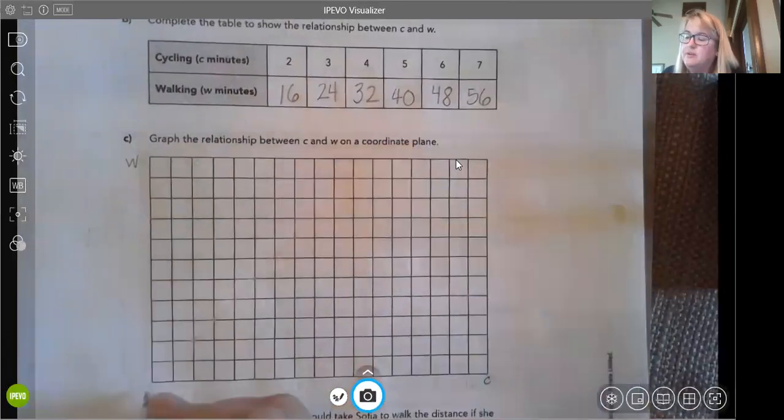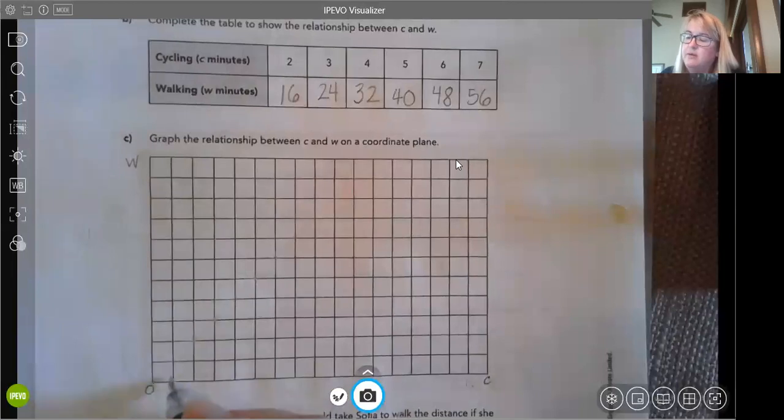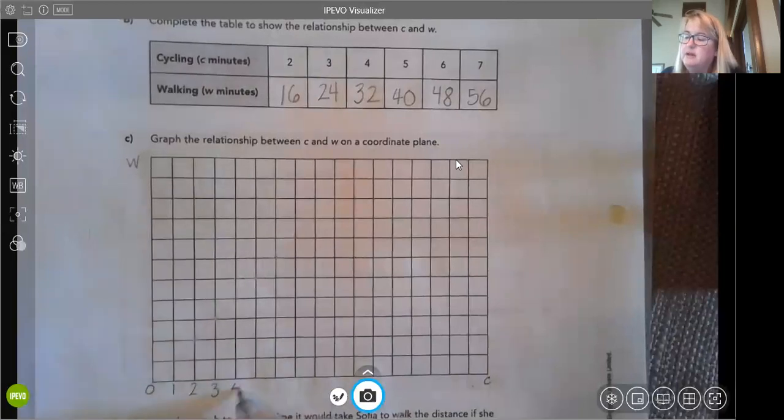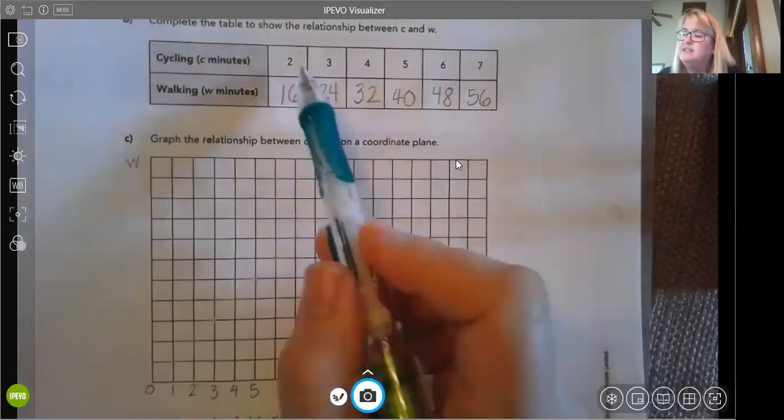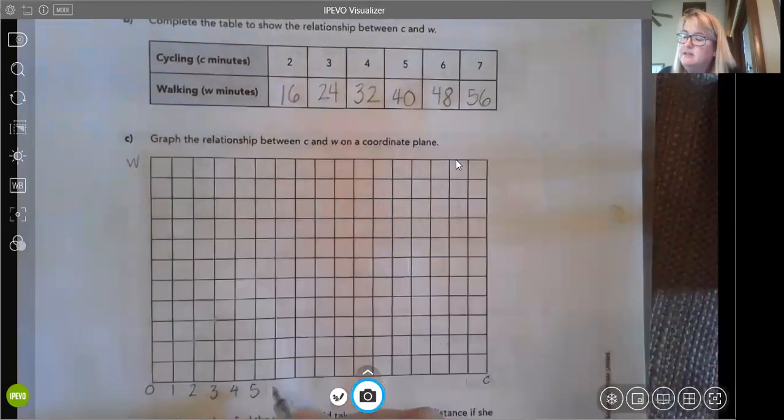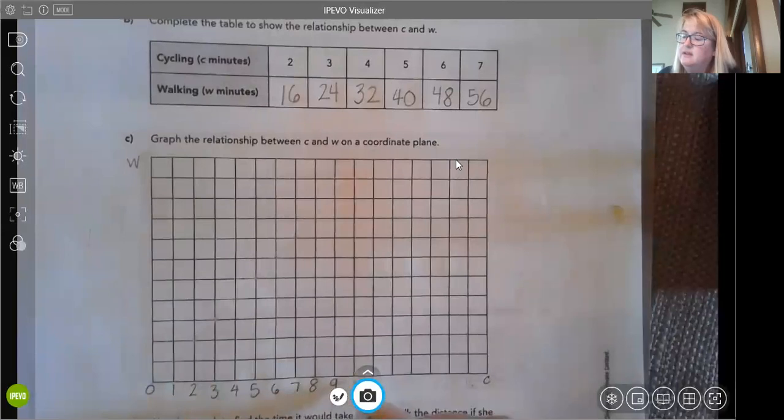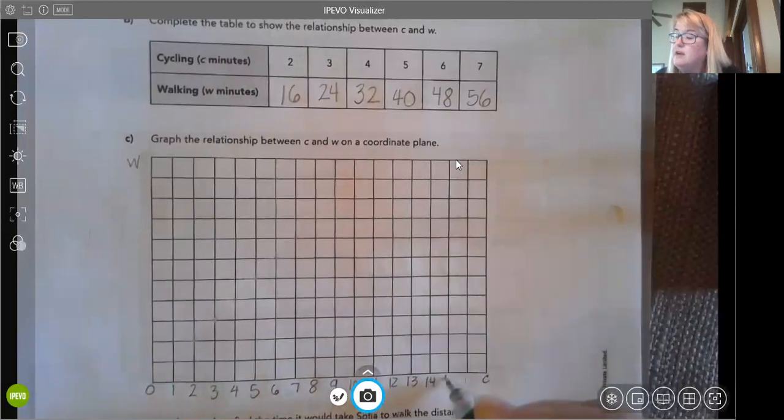So this right here is 0, and you're going to write 1 right under this line, 2 right under this line. We're going to count by ones because when we counted these off, these were counting by ones. 6, 7, 8, 9, 10, 11, 12, 13. So we're writing our numbers.